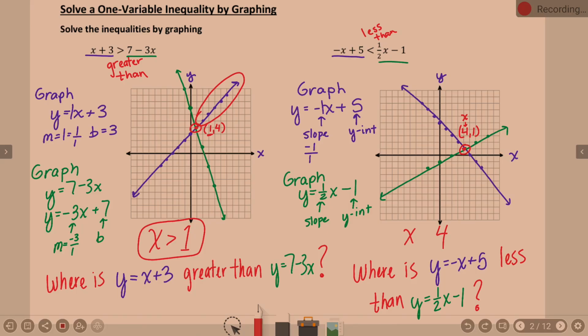Okay. Where is my purple line less than my green line? So where is my purple line below my green line?